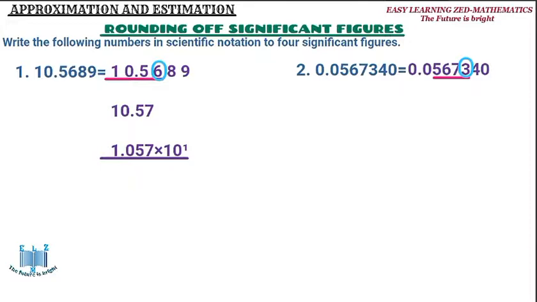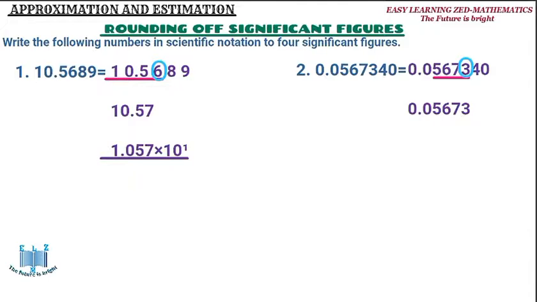So therefore, this number rounded off to 4 significant figures will be this number. Rounding off 0.056734 to 4 significant figures, we are going to have 0.0567.